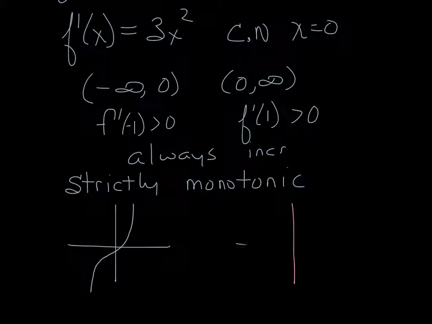This other function is not strictly monotonic because it goes from increasing to constant to increasing. So that's a term you're going to see, and I wanted to give you an example. It just means it's either always increasing, always decreasing, or always constant.